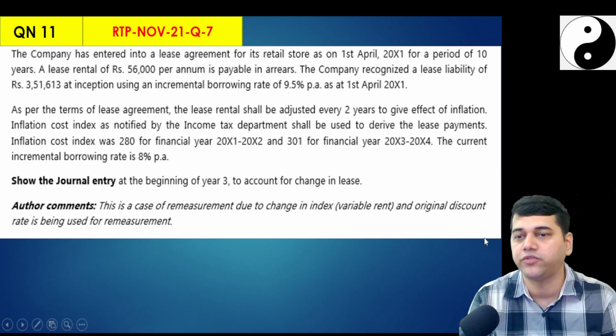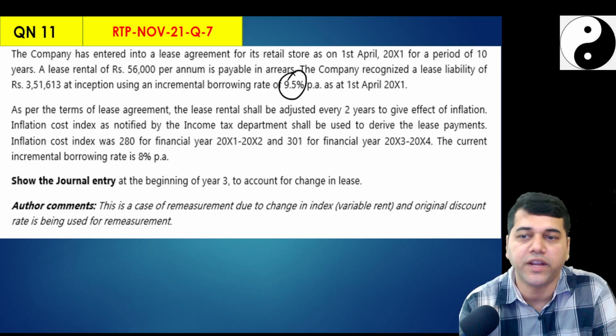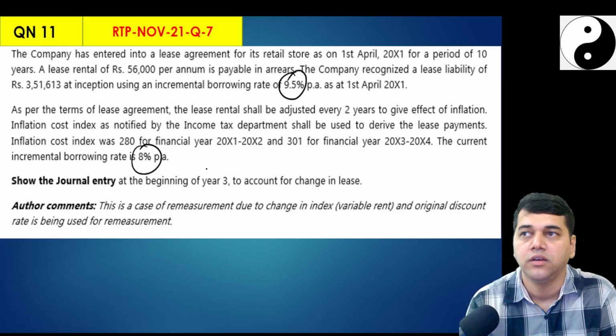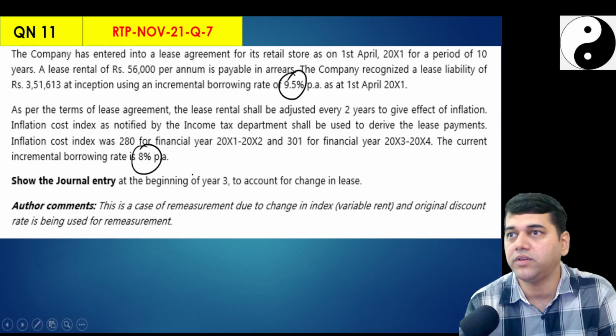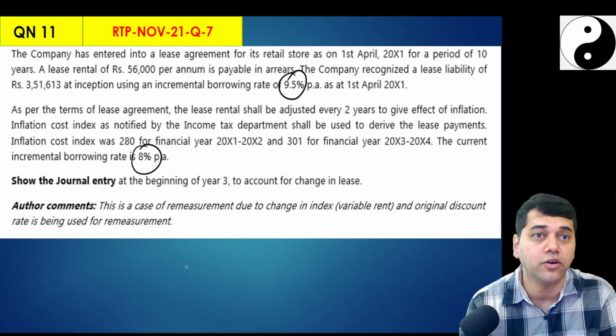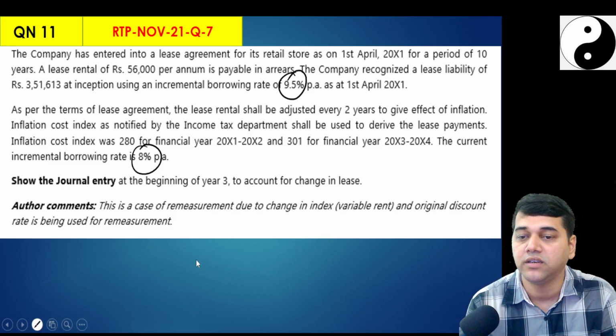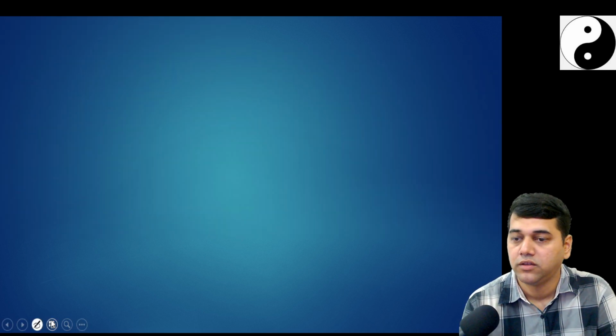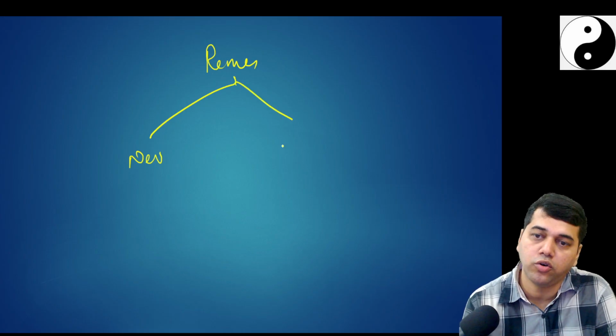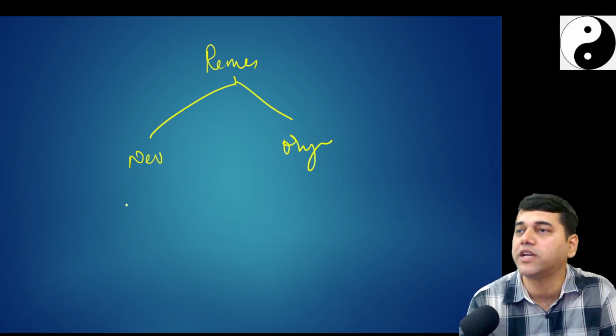Before we proceed, there is one point about the discount factor. Which one do I take? Now in theory, which one? Original. In theory we discussed: whenever you do the remeasurement, you either have to take the new or the original rate. When do you take the new?